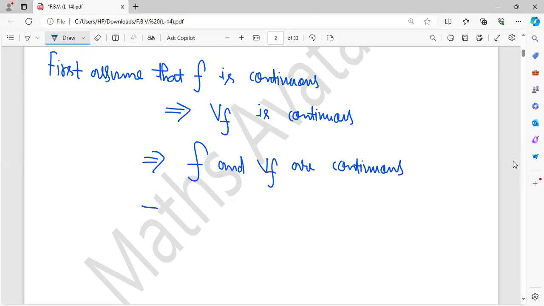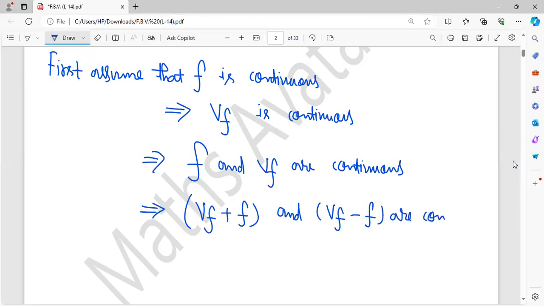So this implies their sum will be continuous and their difference will be continuous. Now multiplying with a scalar number, they will remain continuous.